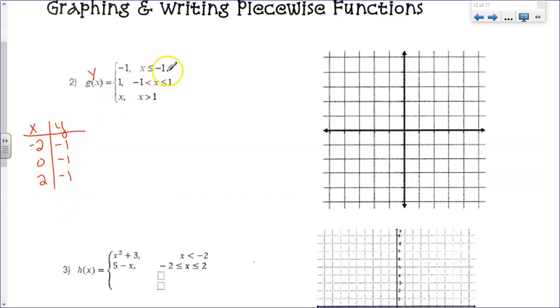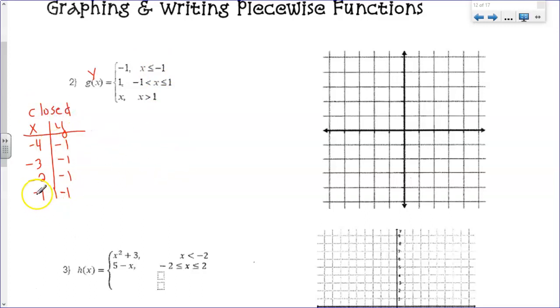No, because it has to be less than or equal to -1. I can't even use 0. So let's talk about it. I need -1 and numbers less than -1. So I could use -4, -3, -2, but I also need -1 in here because it has to go up to -1. This is going to be a closed circle at -1.